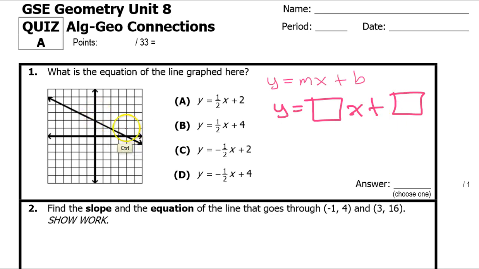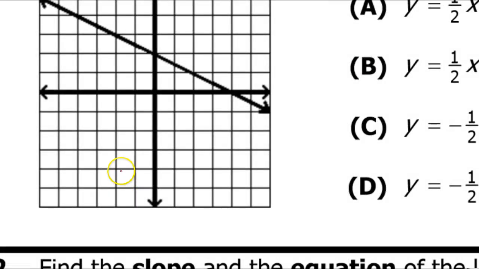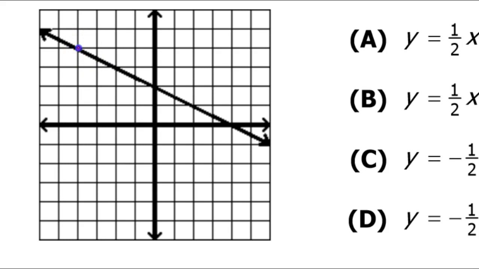So taking a look at this line that's graphed, I'm looking for the slope. And of course, I'm thinking rise over run. So look at several points where the line touches where the grid lines meet, like here and here and here. These points are right on the grid lines.